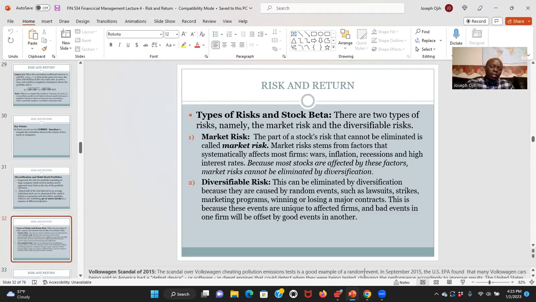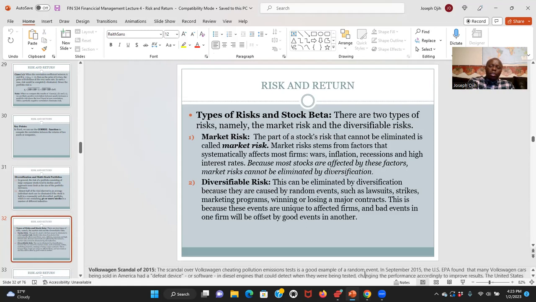This happened around September 2015, when the U.S. Environmental Protection Agency found that many Volkswagen cars sold in the U.S. had a defeat device or software. They put this software in Volkswagen cars that use diesel, mainly in diesel engines.